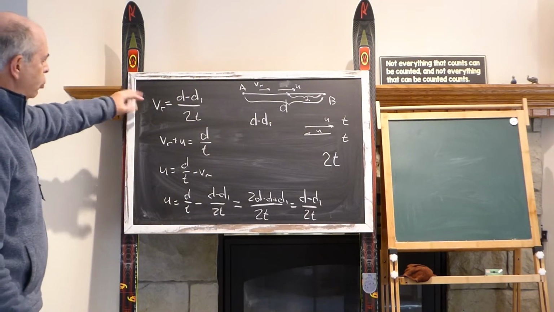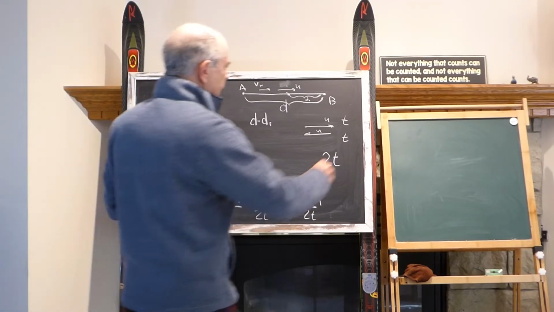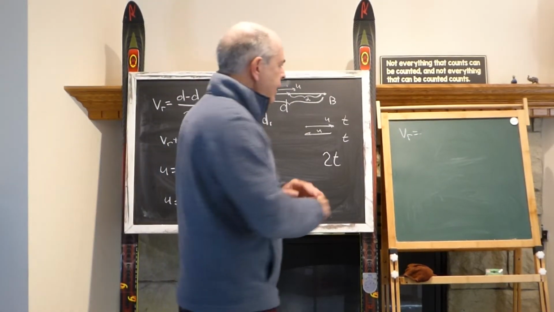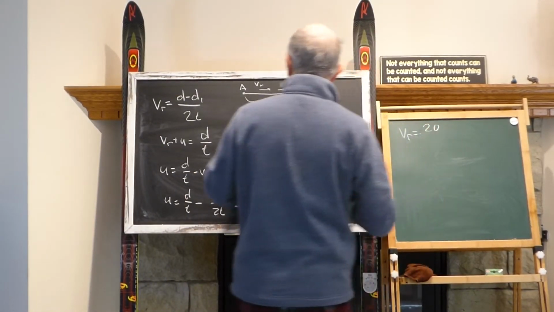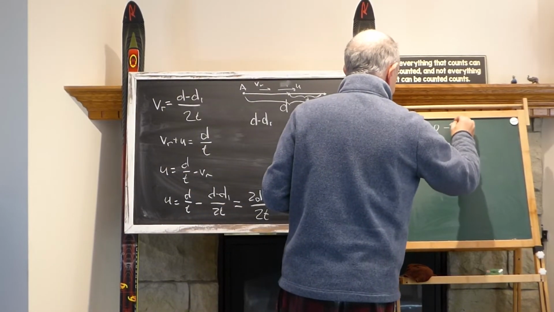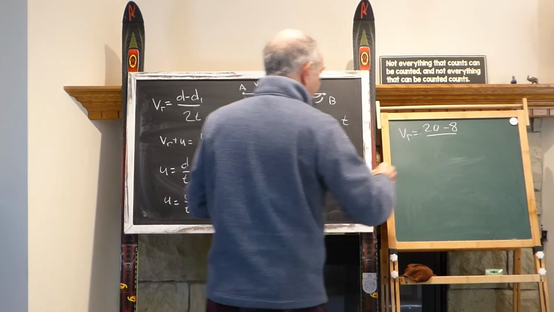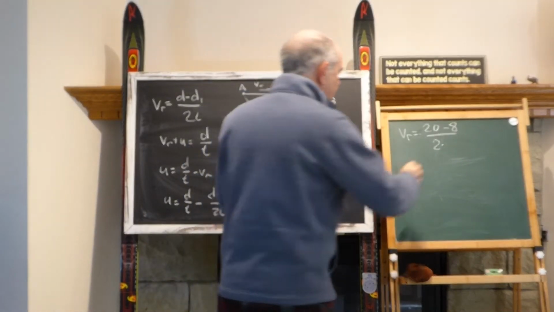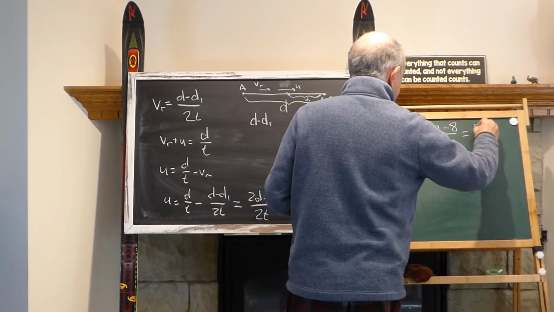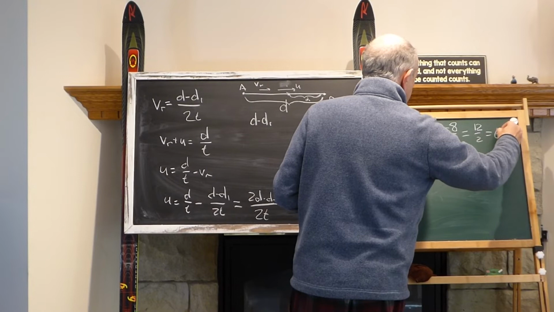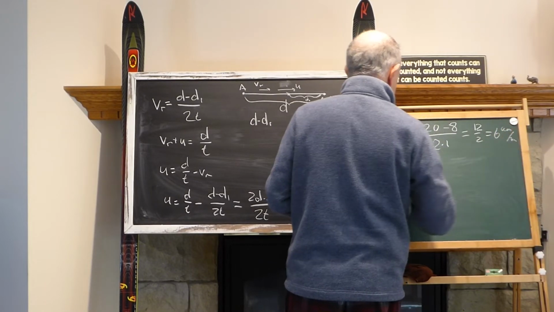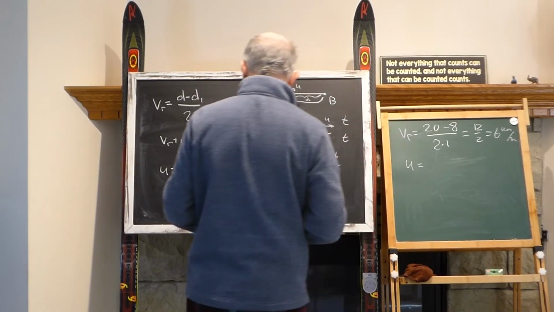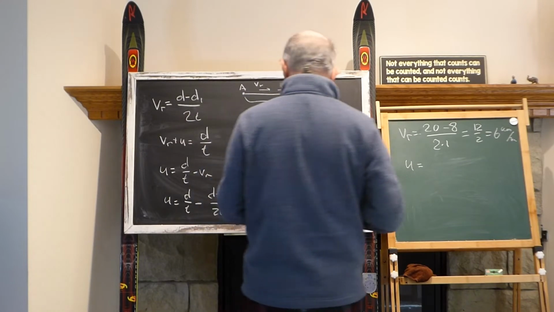And now all we have to do is plug in the numbers. V river equals d is 20 and d1 is 8, and 2, and t is 1 hour, so we have 12 divided by 2, and we have 6 kilometers an hour. And let's put in u.